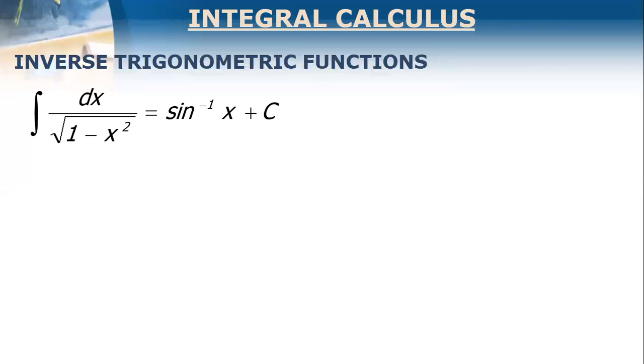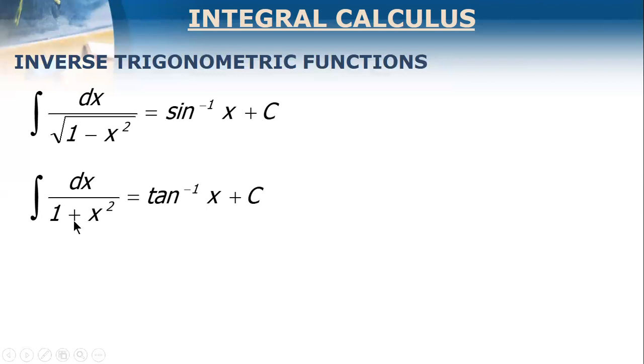We only have three. Integral of dx over square root of 1 minus x squared. The antiderivative is arc sine of x. And then integral of dx over 1 plus x squared, without the radical sign. Plus, the antiderivative is arctan.